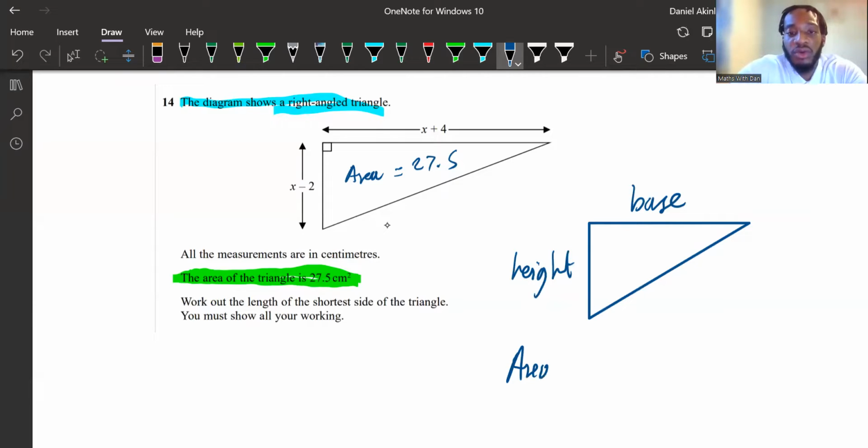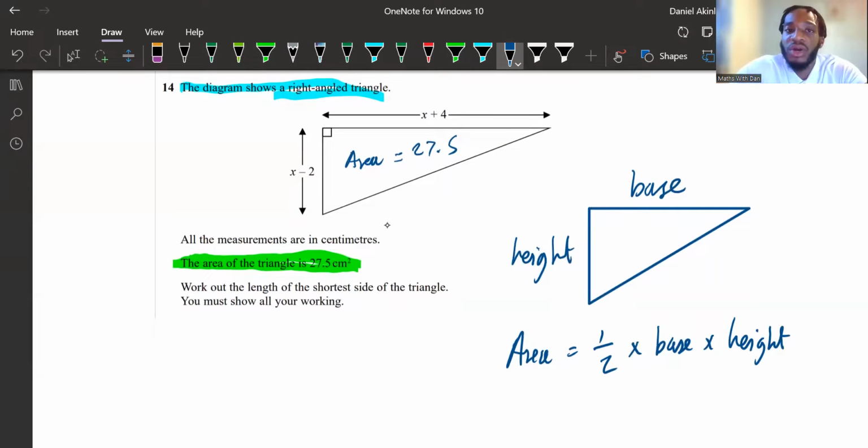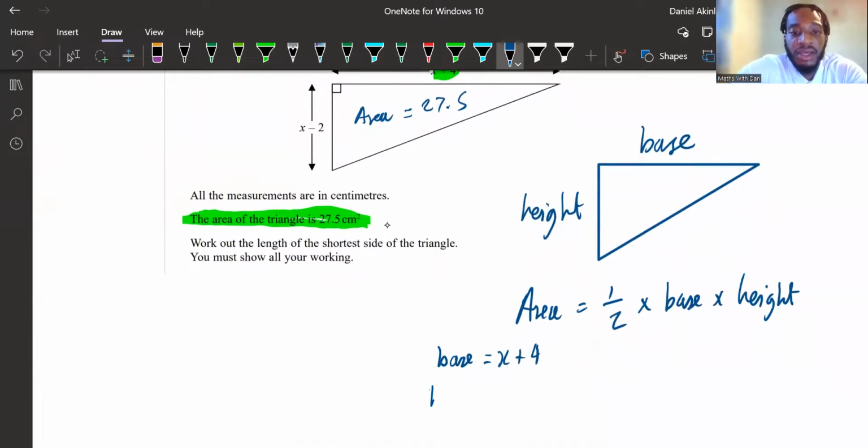The area of a triangle is equal to 1/2 times the base times the height. Okay. Now, what is the base and what is the height? Well, we have it algebraically. The base in this case is x plus 4, so base is equal to x plus 4, and the height is equal to x minus 2.